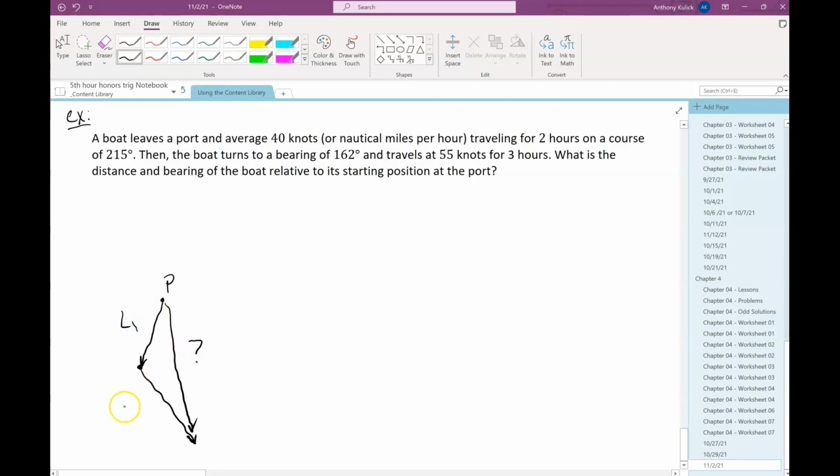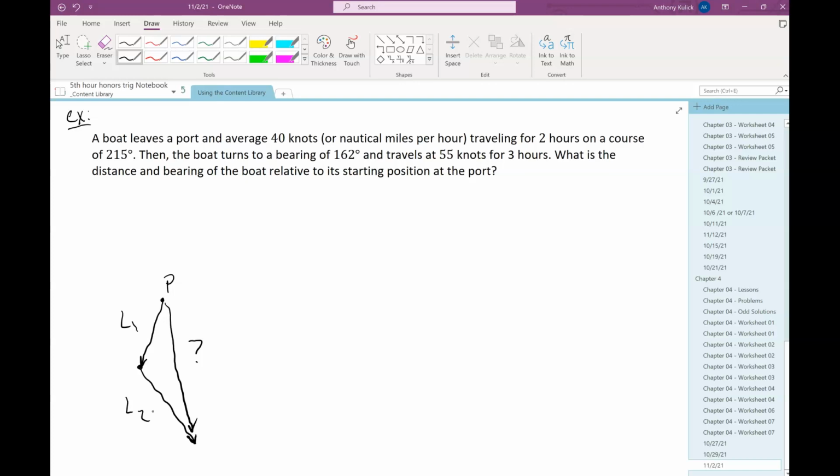This is leg 1 of the trip, that's leg 2, and we're asking, if it's just a straight shot, what did we do? Does that make sense to you guys? Now, we drew this triangle. What's the problem here with the triangle that we've drawn? It's not a right triangle. You know what I mean? So we can't really do anything with it using sine, cosine, and tangent as we've described them.